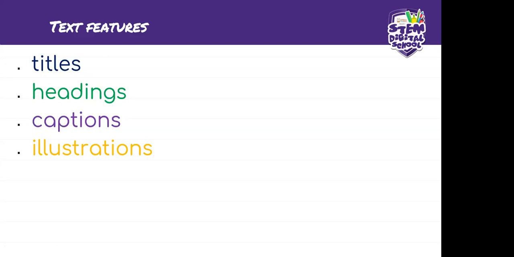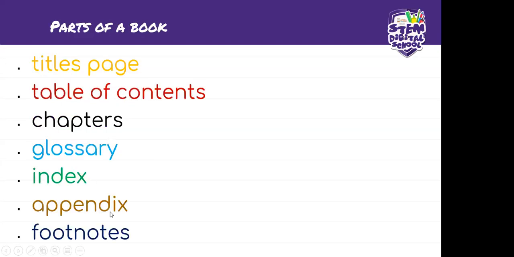Not only that, another thing you will get to see would be the following parts of a book: the title page, the table of contents, the chapters, glossary, the index, the appendix, as well as the footnotes. So in today's lesson, I will be explaining each one of these features, where to find them in a book, as well as what they help us with.